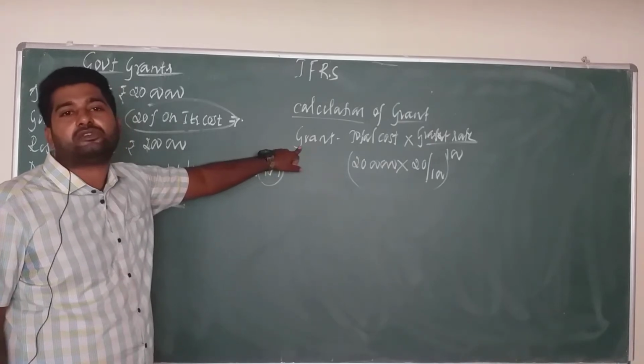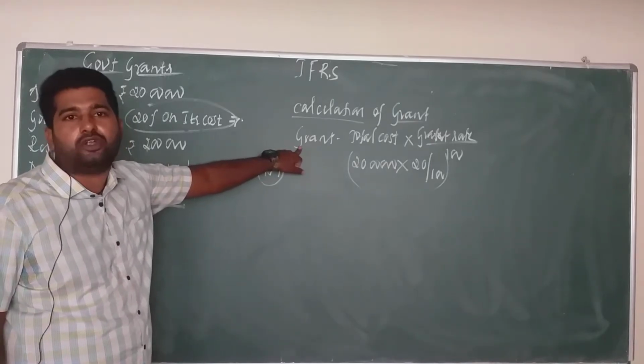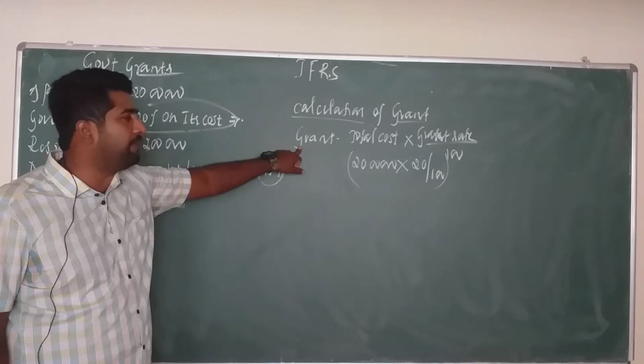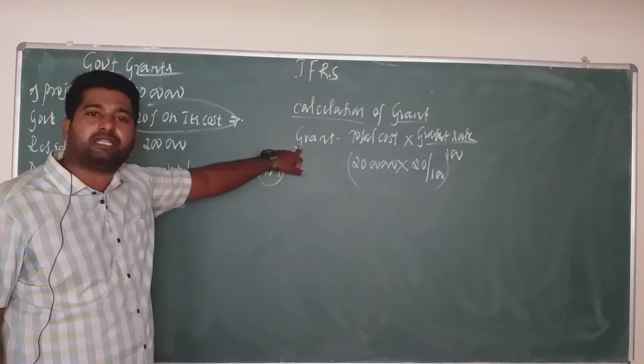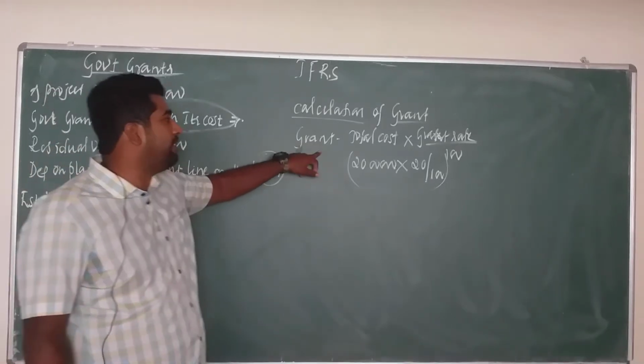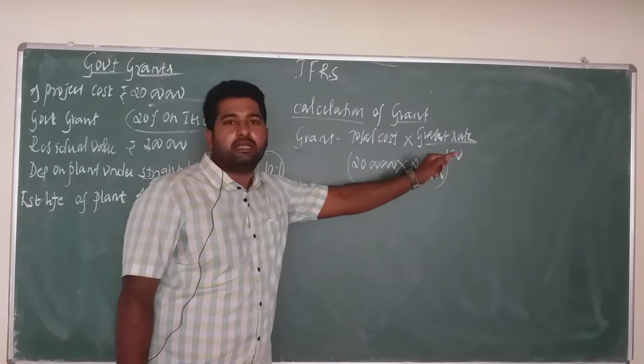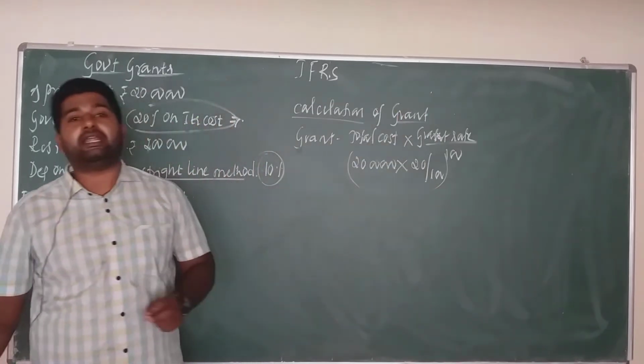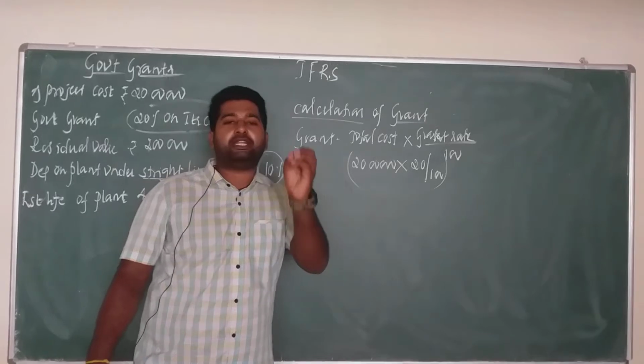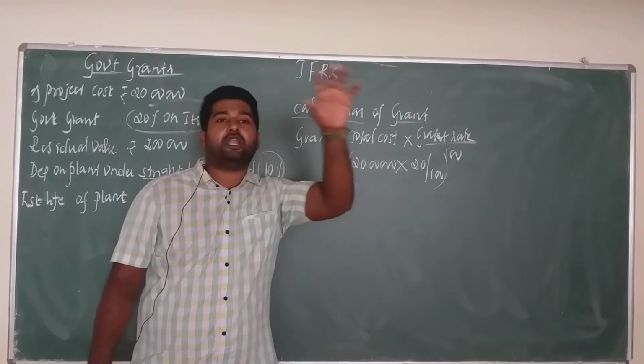I think in the last class I will explain on what basis the grant is released. A few companies have to make an agreement with the government in case the government is going to release a grant. Before the grant, the company will provide a few employment opportunities to whom? Related locality people.